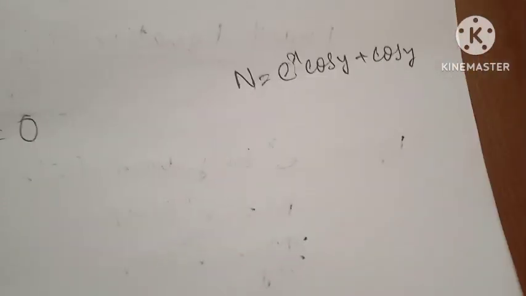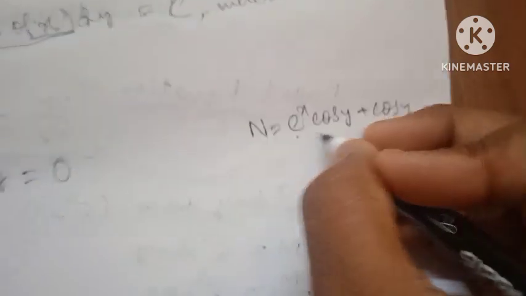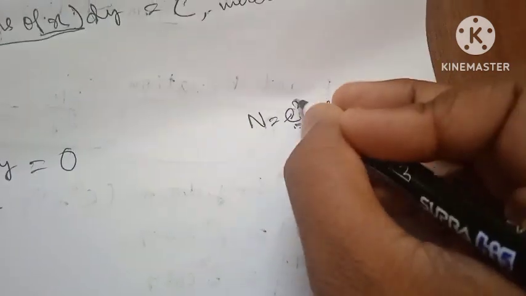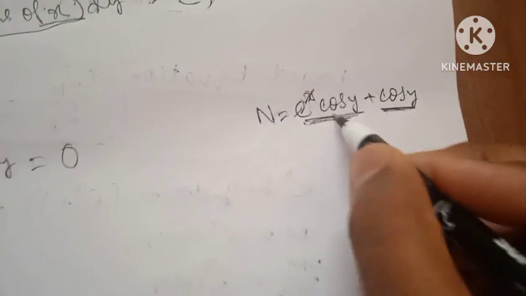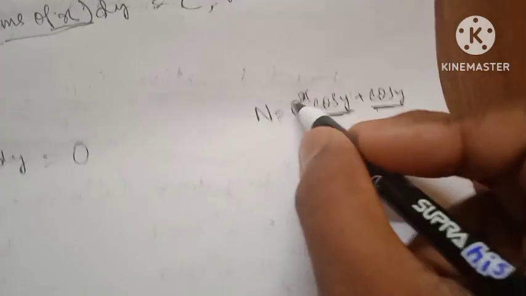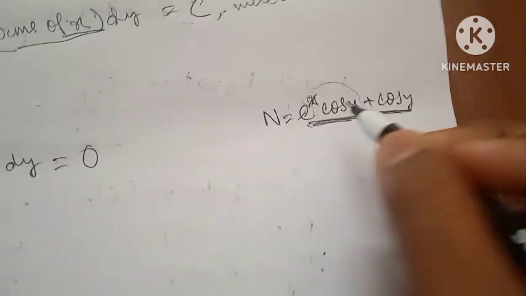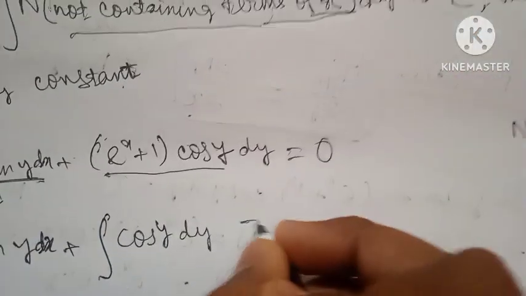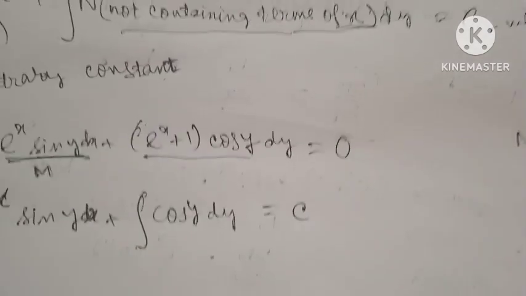That means if we divide the N, N equals e to the power x cos y plus cos y. So for this integration part, we will only write cos y, because in this part e to the power x is a term of x. So this part contains a function of x, so we cannot write it. We will only write this part, which is cos y dy equals c. c is an arbitrary constant.